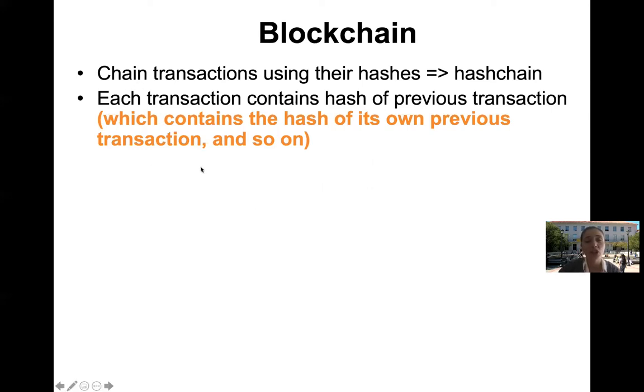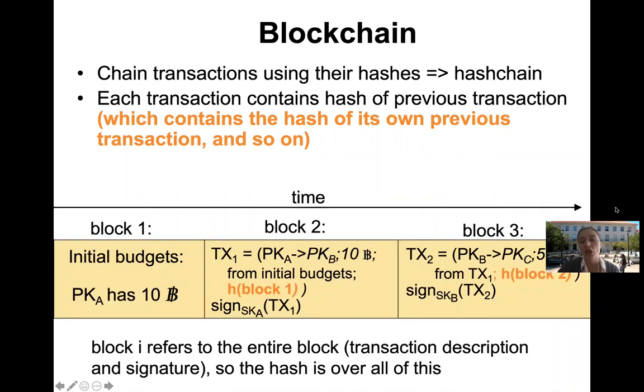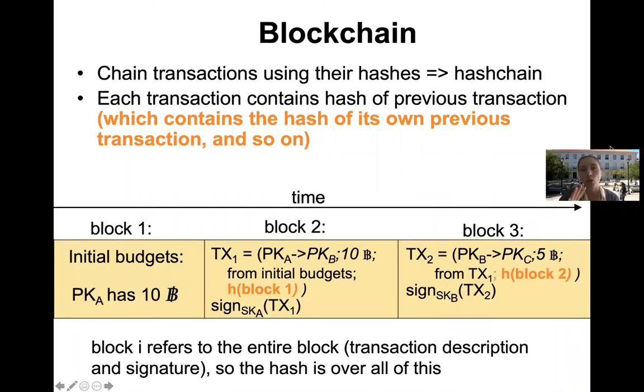The idea is that each transaction contains the hash of the previous transaction, which contains the hash of its own previous transaction, and so on. So in the current transaction, I have a whole history of what happened before, because that hash contains the hash of the previous one, which contains the hash of the previous one, and so forth. That's why it's very powerful: in one hash, you essentially capture the whole history.